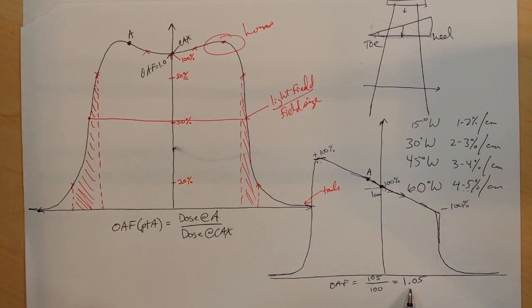Again, with the monitor unit equation, everything is relative. Everything works in fractions. So it's a dose in centigray divided by a bunch of fractions, or percentages. This is my off-axis factor.